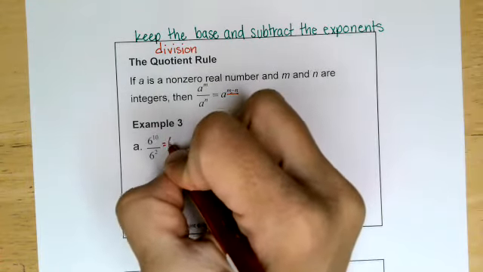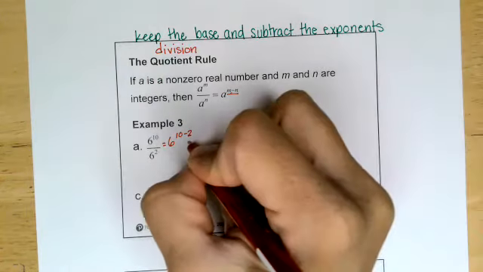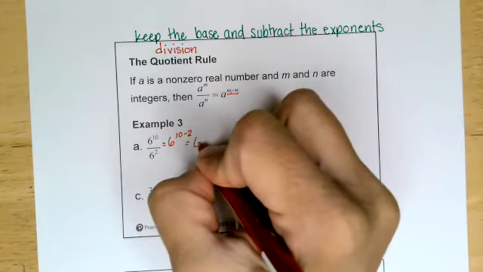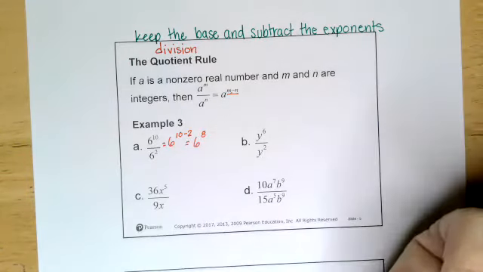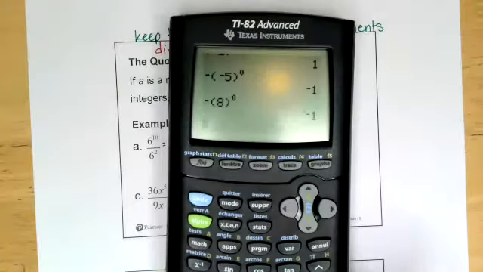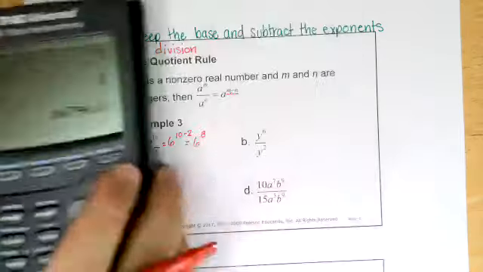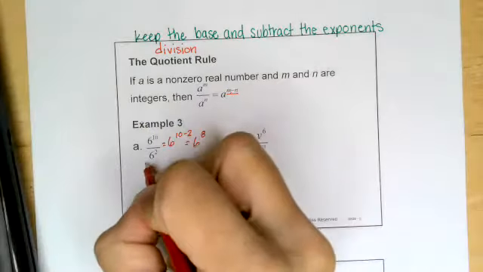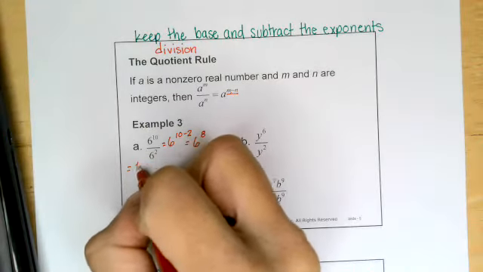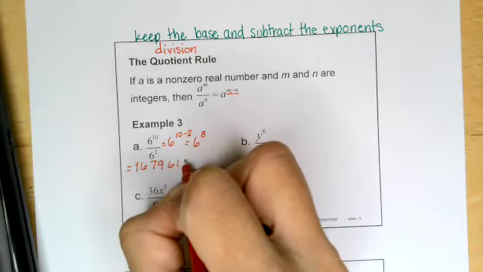So that becomes 6 to the 10th minus 2, which is 6 to the 8th, which I can turn into a number, actually. 6 to the 8th power is 1,679,616. So that is 1,679,616.